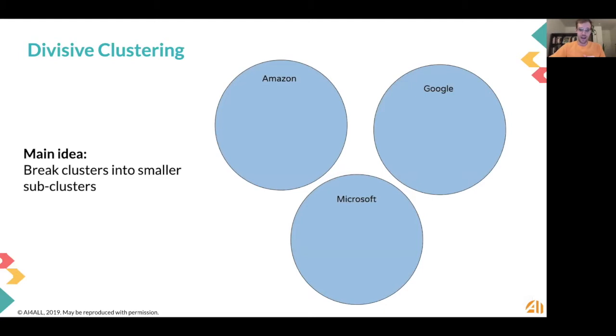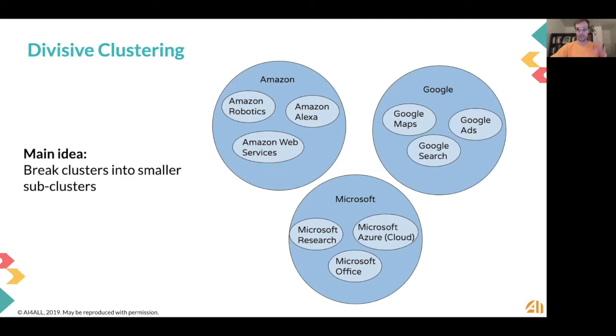And then now you have each of these clusters and you want to break those into some clusters. So then within the space of all Amazon accounts, you might want to subdivide it into products that are produced by Amazon, products that are produced by Google, and products that are produced by Microsoft. And then you could continue breaking down, for instance, Microsoft Office into the component parts of Microsoft Office.